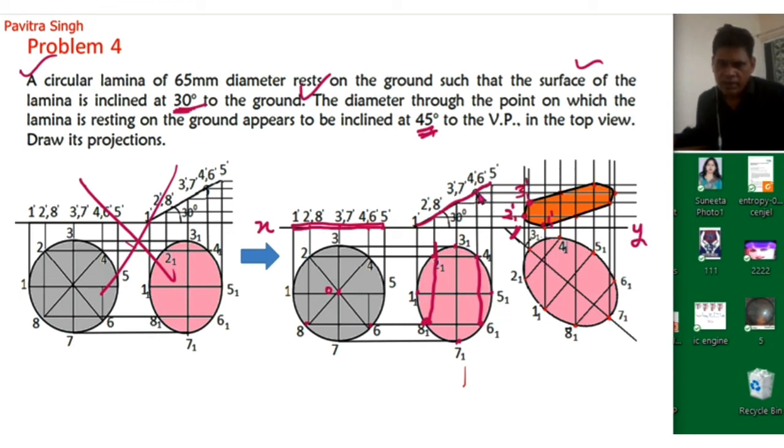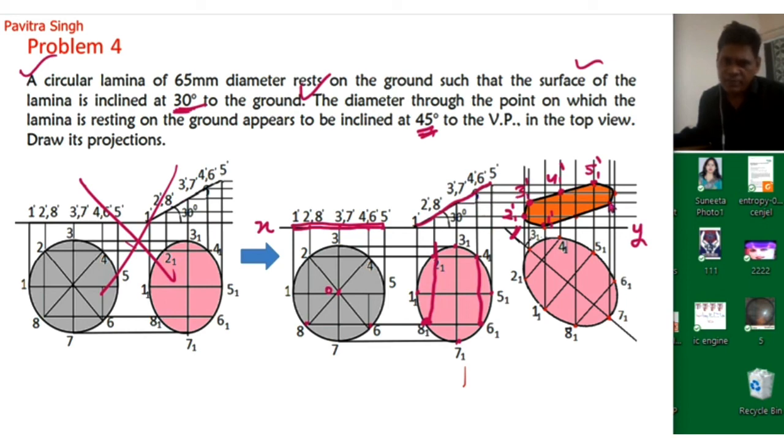Horizontal line from point 4 dash, vertical line from point 4, so we will get this point 4 1 dash. Clear? Now vertical line from point 5 1, horizontal line from point 5 dash, so we will get this point 5 1 dash.